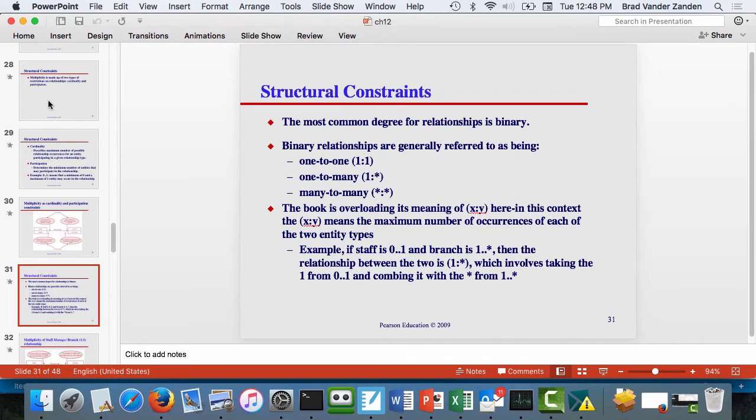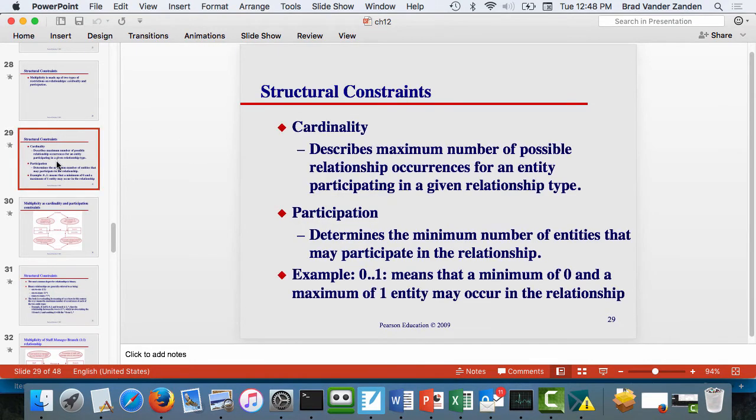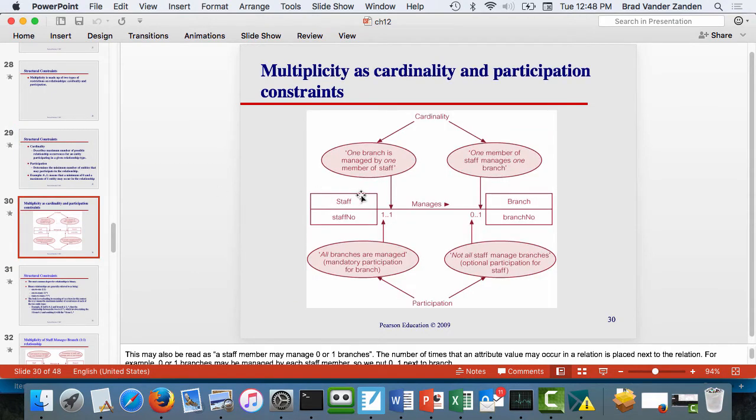So going back quickly, we had this example of staff managing a branch. Some staff members don't manage any branch, so the participation rate is 0. And you can manage at most one branch, therefore the maximum, or the cardinality, is 1.